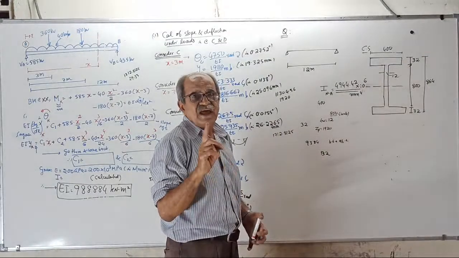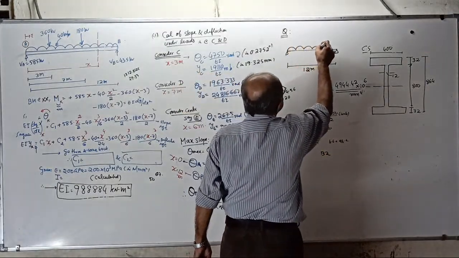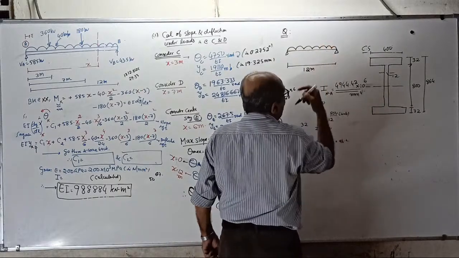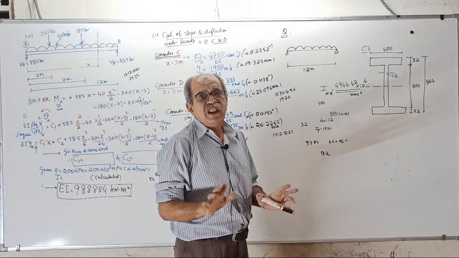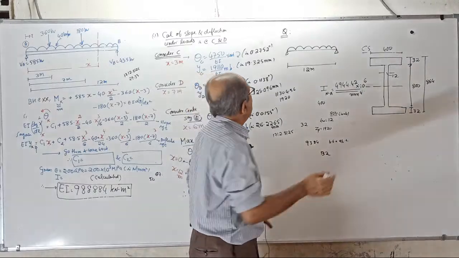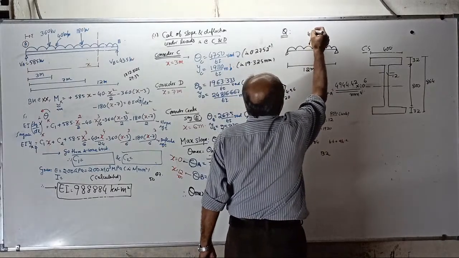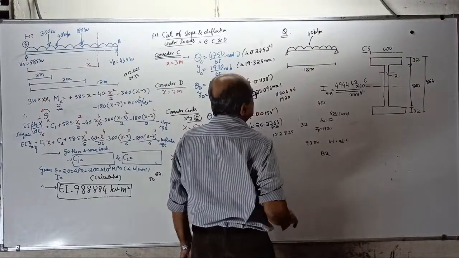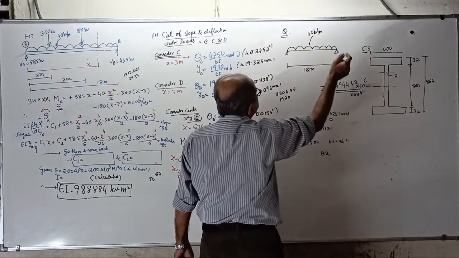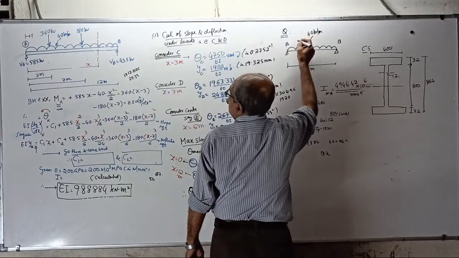It is designed for a UDL of, see, so far in Macaulay's method we have not taken UDL, we are taking only point load. UDL of 40 kilonewton per meter, including self weight, over the entire span, with supports A and B. And 2 point loads.